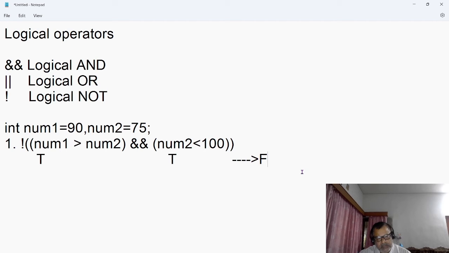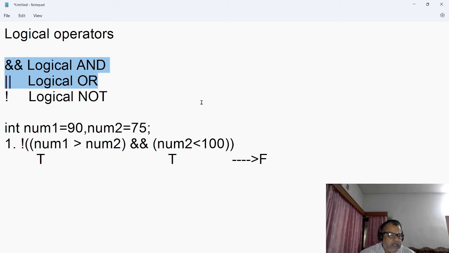It means, what is the purpose of this logical NOT operator? The logical NOT operator is used to make a true expression false and a false expression true, and we will get the output accordingly. Okay, these two are binary operators.